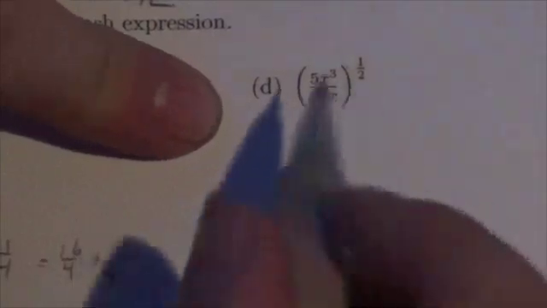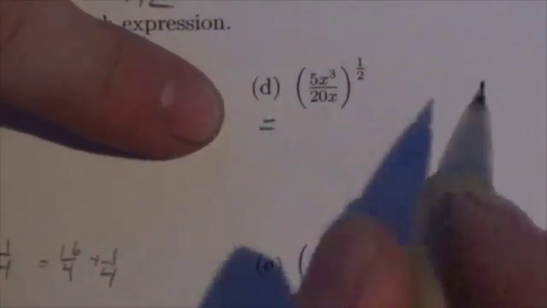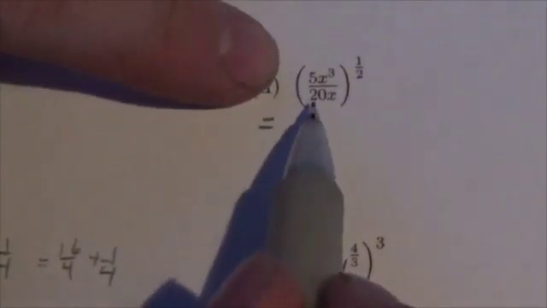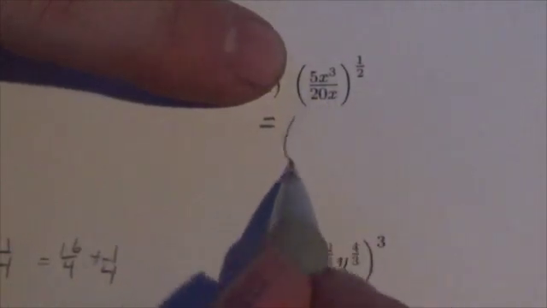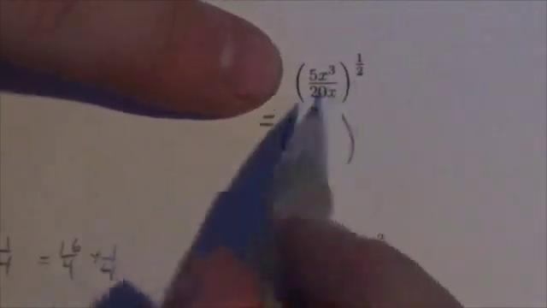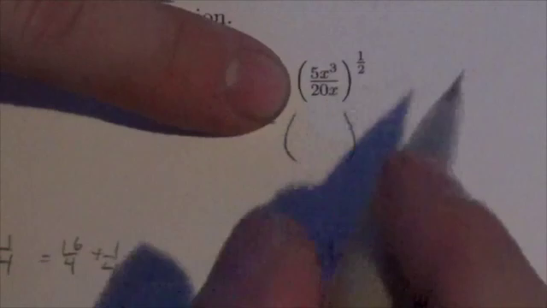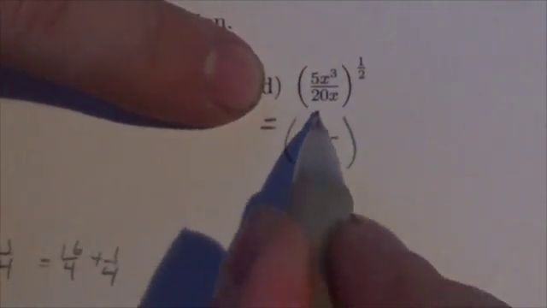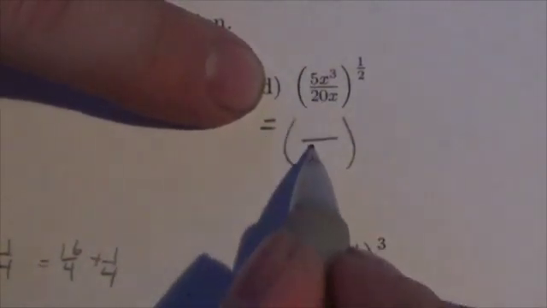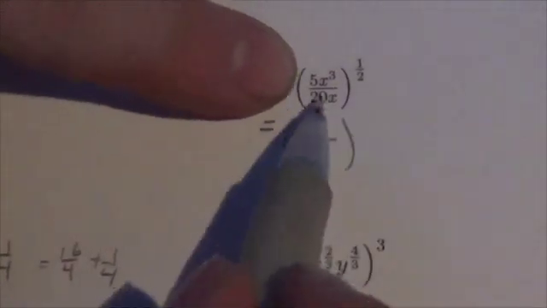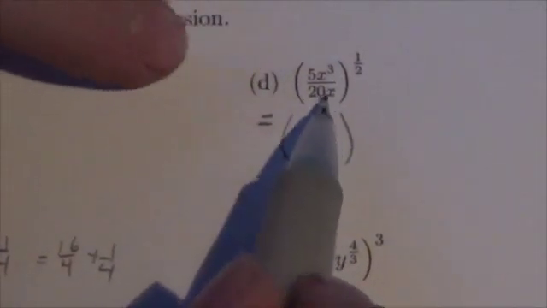Now we go on over to D here. Well, a little bit more going on with D here, and that's okay. Notice that first of all, I got to do what's inside the brackets first. And I've got this 5 over 20, so there's going to be a little bit of simplifying here. That's going to end up being 1 over 4. And then notice I've got an x cubed divided by an x.